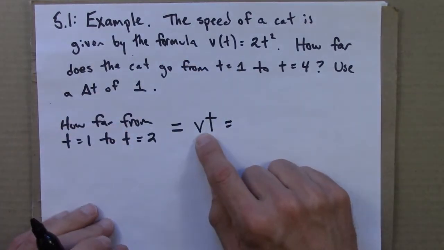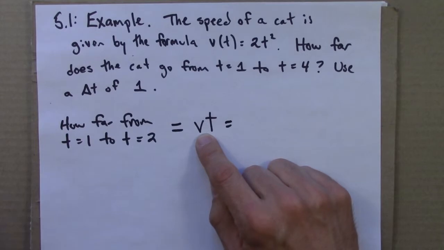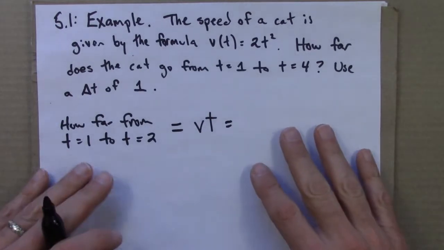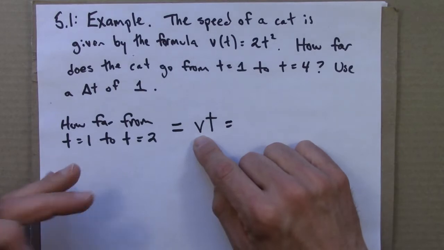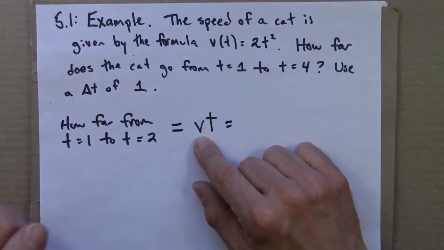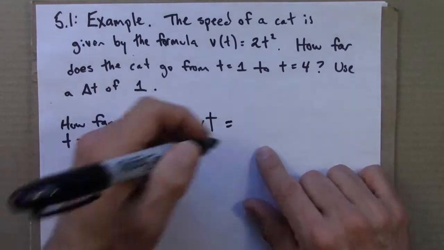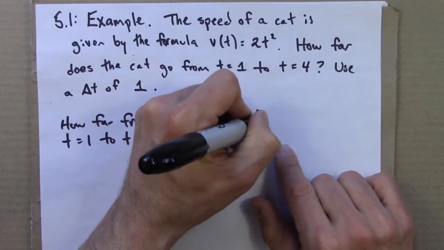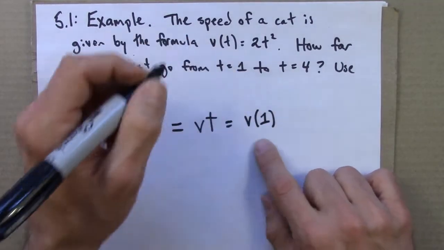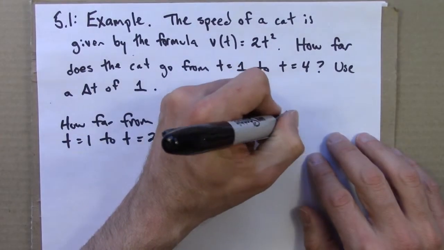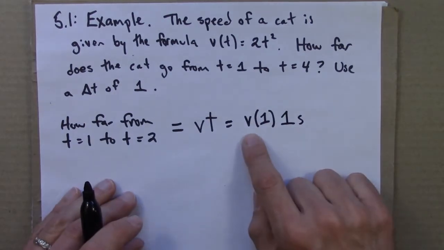For v, it's changing all the time, but we're going to pretend it's constant, and I'm going to choose the left-hand value. It's a little less obviously left because now it's not on a graph, but in this context left just means the first value in this time interval from t equals 1 to t equals 2. So I'm going to choose v of 1, and t will be delta t of just 1 second.